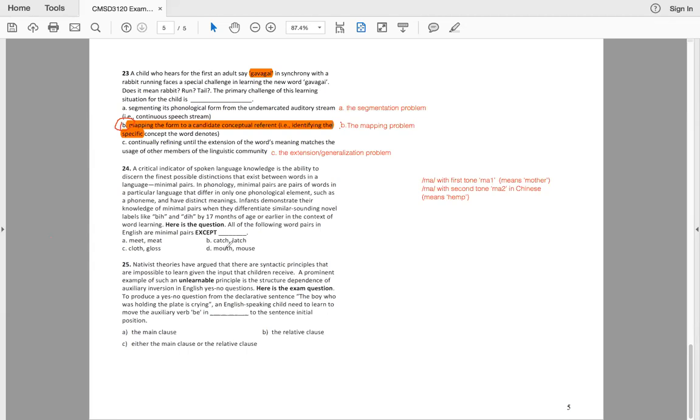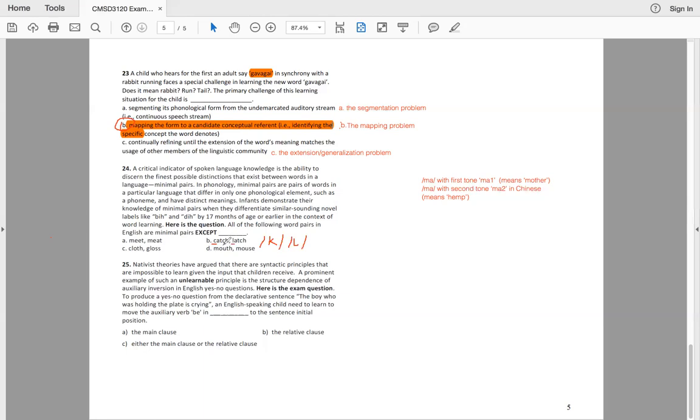So catch, natch. Okay. So the first is we have the cold sound and the low sound. So B differs in the initial sound, and they have different meanings.